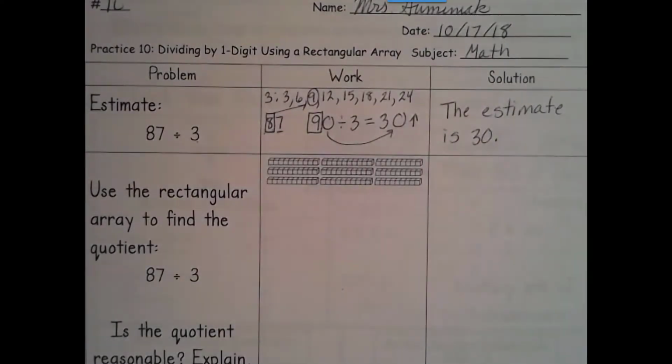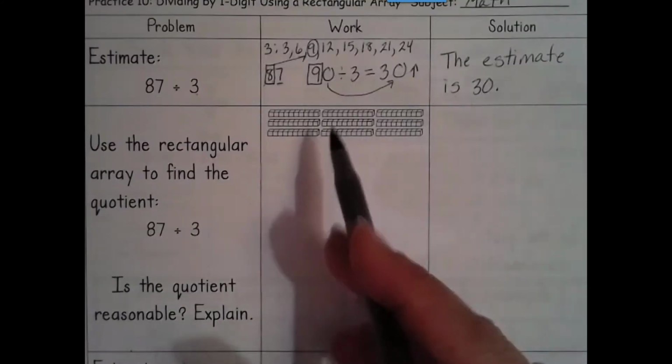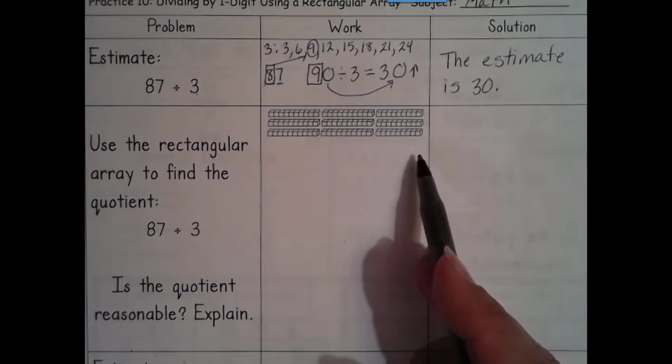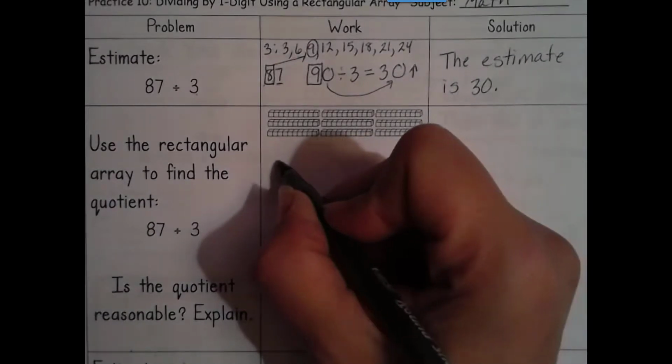Now remember, with these practices, you want to try to do the problems on your own while having the video pause and then checking back later. Okay, now I have these here to help us out because this can be a little challenging to visualize, but we're going to do it together in this box.